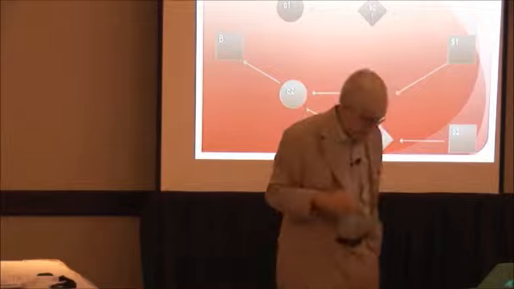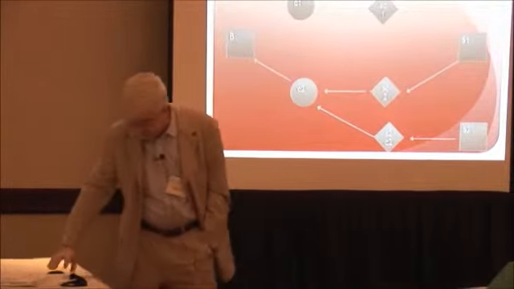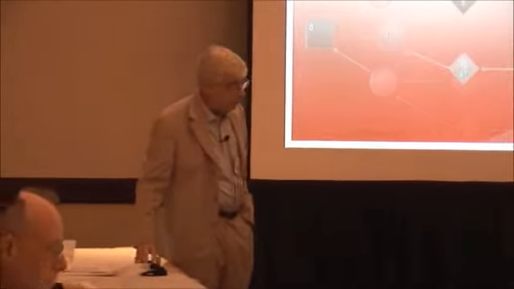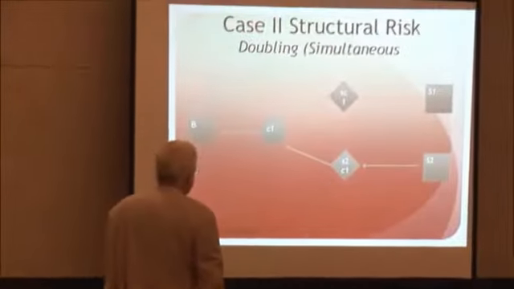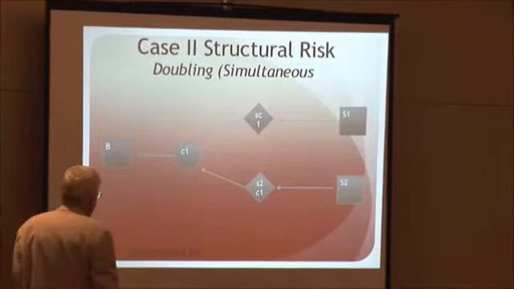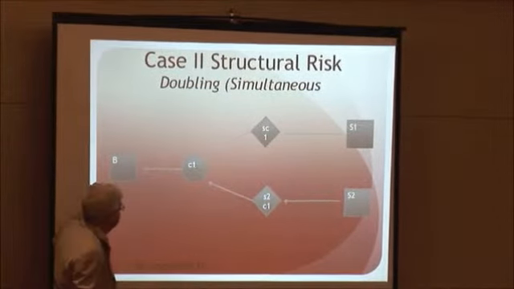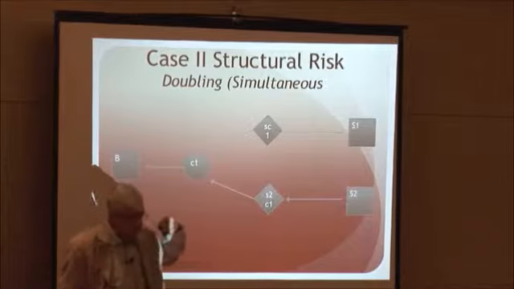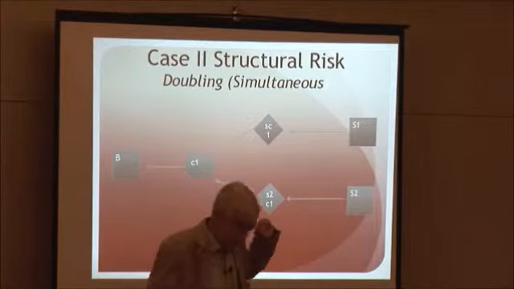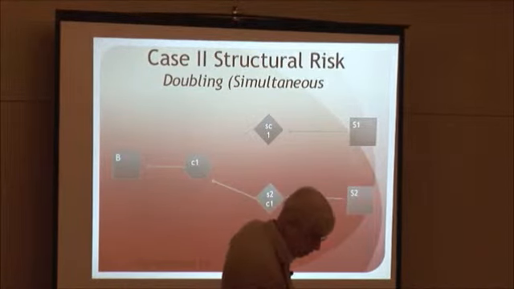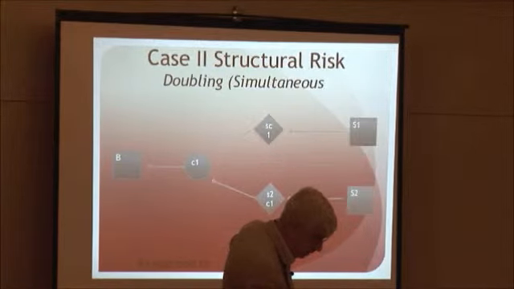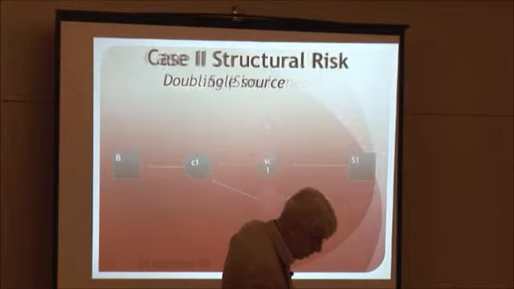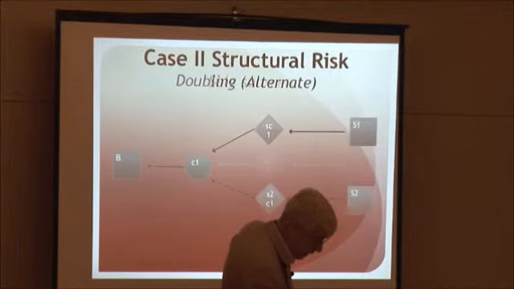Another very typical case of a structure that will affect risk is the situation of double supplier. Double supplier may be seen in many different ways. Actually, double supplier is the opposite of single supplier, or sole source. Here we have double source, or we may have an alternated double source.